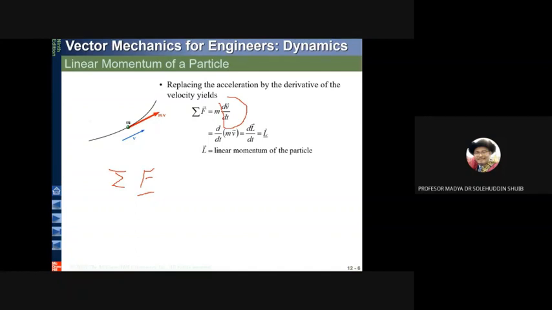Then we put the m and v together: put d outside and put this in parentheses, so d/dt of mv. The mv, basically, we denote as L.